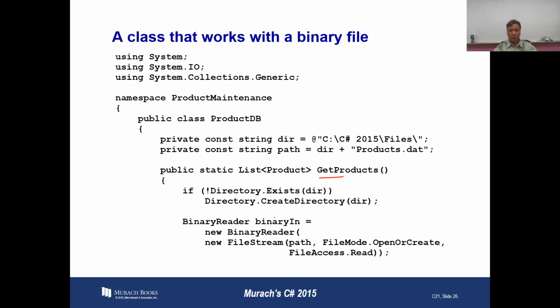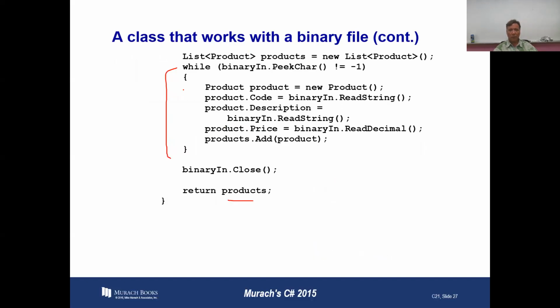Yeah. So this does the same kind of thing. It loops. We declare a binary reader object called binary in. This is the stream. And this is the loop where we read them in: we read in a string, the product description, and we read in a decimal number, which is a price.